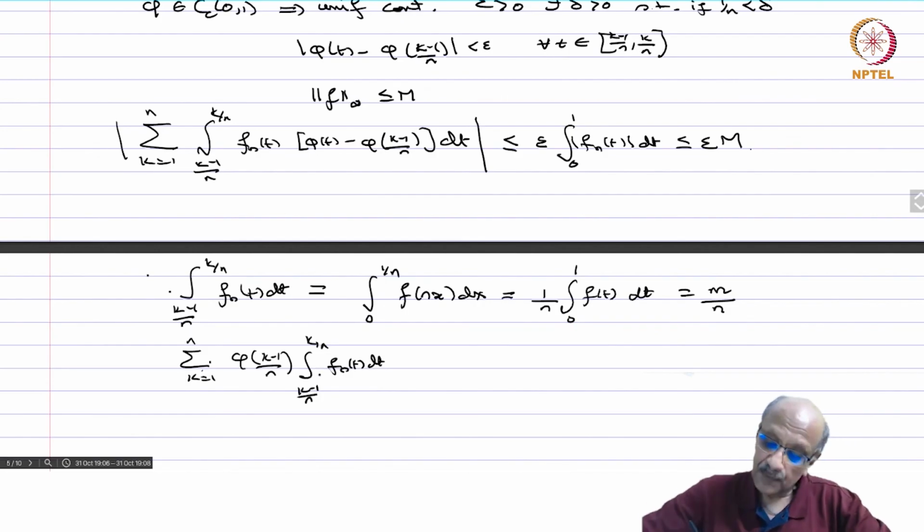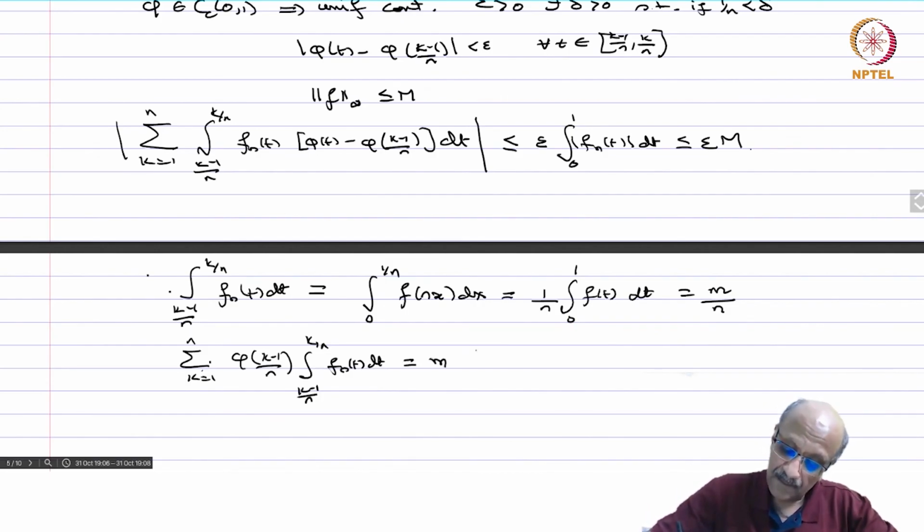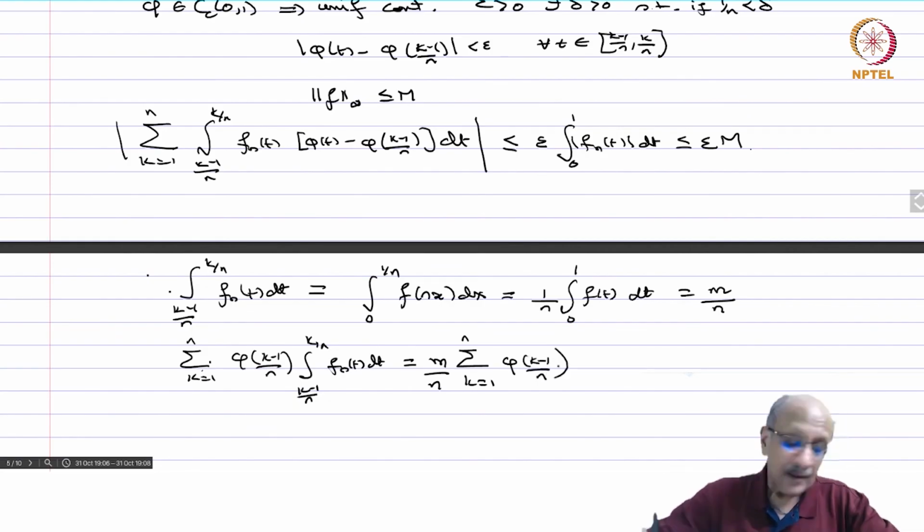That we just computed. So this is equal to M times (1/n) times the sum over k equals 1 to n of phi((k-1)/n).